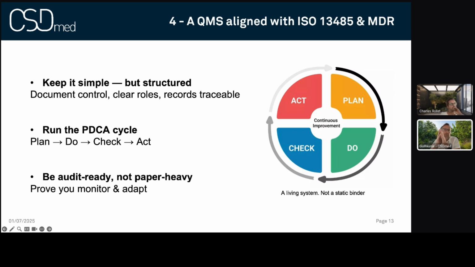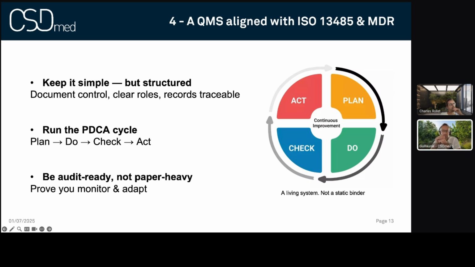So PDCA, the Deming wheel, is a classic regarding QMS. So plan, you define your processes, the responsibilities, etc. Do, you apply them. You train people, they use it daily, so you get feedback. Check, you monitor KPIs, you perform internal audits, etc., and then act if needed from the KPIs, the internal audits, etc. You improve, you correct, you update, and then it goes again.